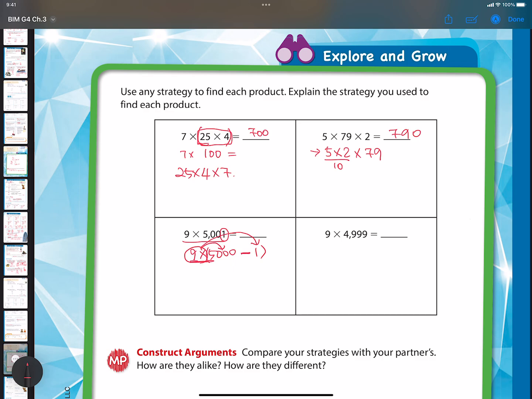Now 9 times 5, 45, right? And how many zeros? Yes, 3 zeros. And 9 times 1, second distribution, right, is what? 9. But when you need to subtract here, you have to subtract here. You got it? All right, now I'm going to put it in here, and it becomes what? Oh, hold on.